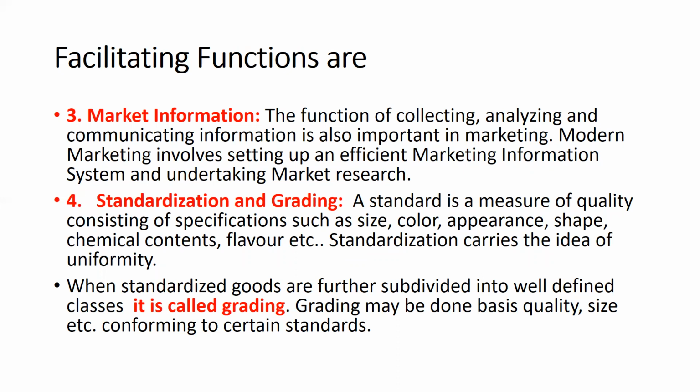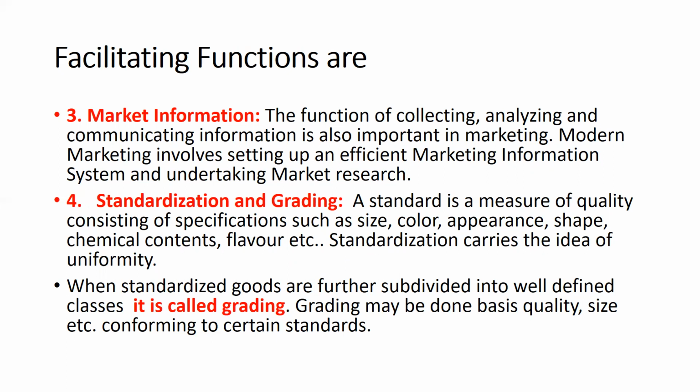The next function involves two activities. One is standardization, the other is grading. A standard is a measure of quality consisting of specifications such as size, color, appearance, shape, contents, maybe chemical contents, various flavors, and so on. Standardization carries the idea of bringing uniformity.